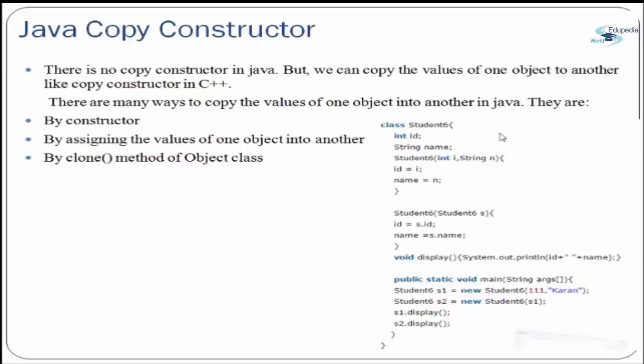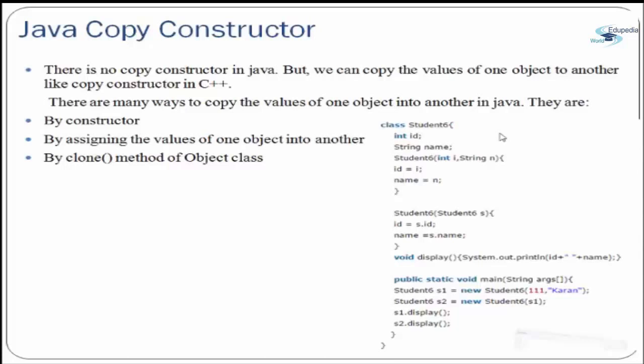So let's go through the first, that is by constructor. You can see there's an example on the right hand side which says we have a class Student6 and it has id and name. Then we have a constructor for Student6 in which we take two parameters, i and n, and we initialize id and name using those parameters.